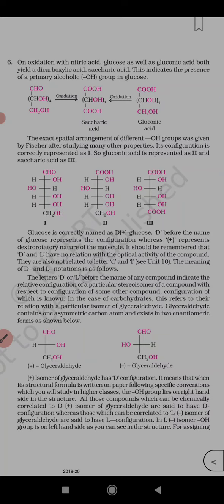For assigning the configuration of a monosaccharide, we take the lowest asymmetric carbon atom.